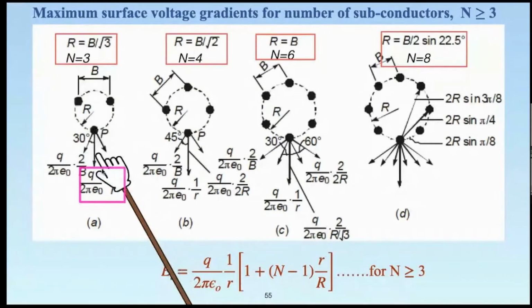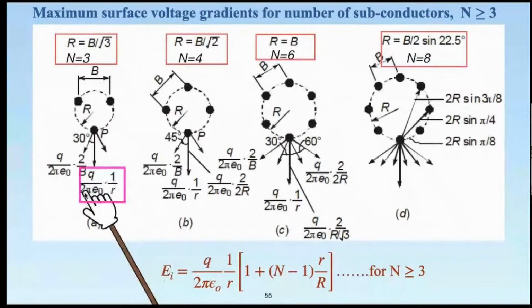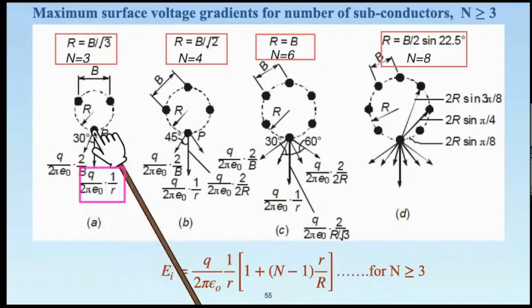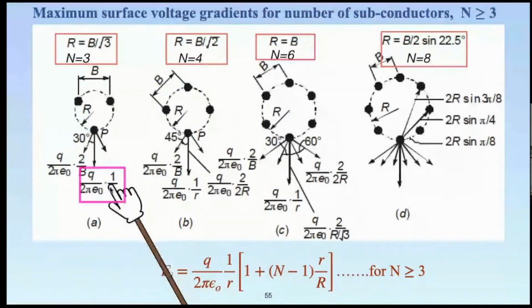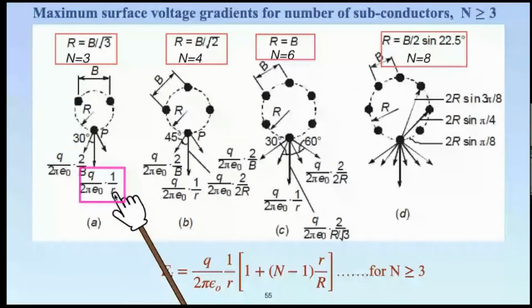So when we say due to its own charge, we put the charge per unit length q upon 2 pi epsilon 0. And what is the distance of a point on its surface from the center? It is a radius. Please do not get confused. In the earlier derivation, we used the radius symbol as rho, but here it is indicated as small r. That was for a single phase line, single conductor. But now these are three subconductors, so it is indicated by small r.